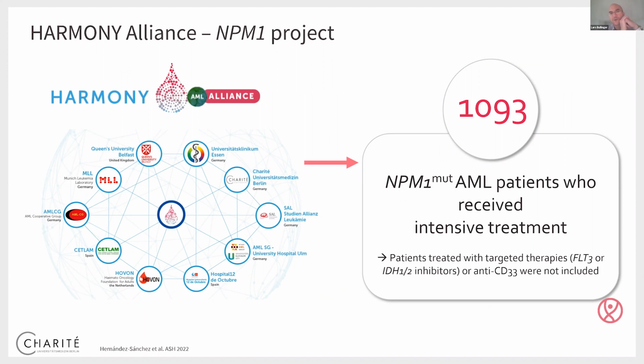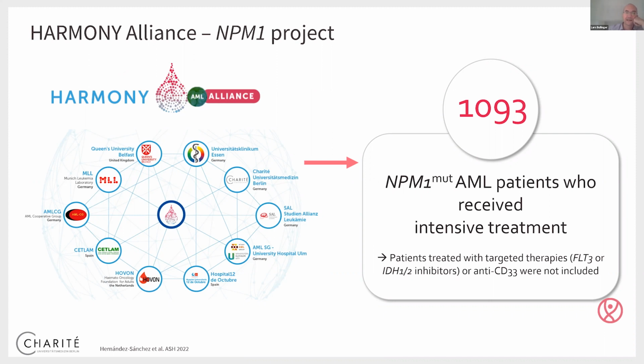Harmony Alliance project: to of course also look at these co-mutational patterns for the NPM1 mutant leukemias. So we have now over 1,000 cases in Harmony, which we could put into the analysis. They were all intensively treated, that is the younger fit patients.